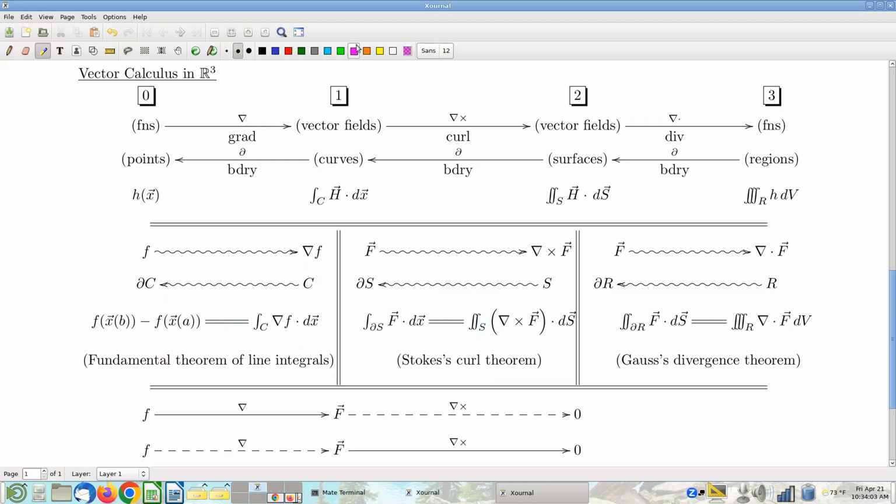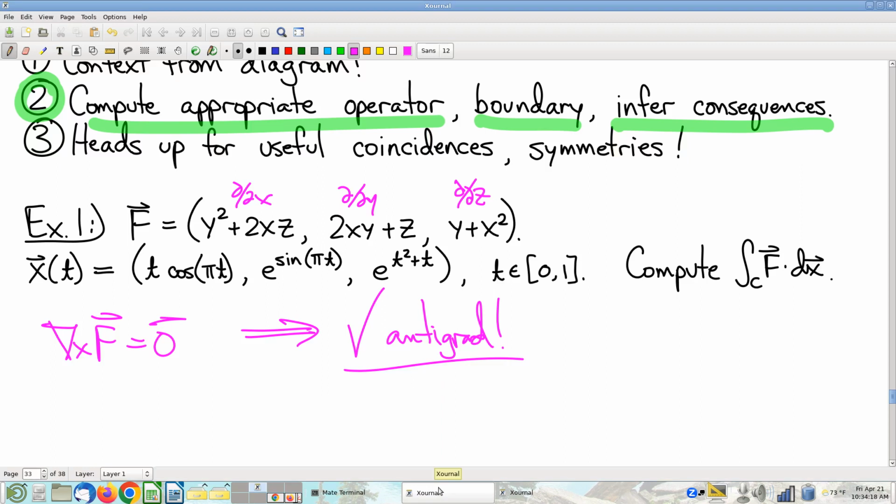All right, so anyway, we got 0. An antigradient is there, and the fundamental theorem is on the table. Now the next thing the diagram tells me to do: for my curve, I need to look at the boundary points. Let's do what the diagram tells us to do. I'm going to plug in t equals 0 and see what we get. x of 0 is 0, 1, 1.